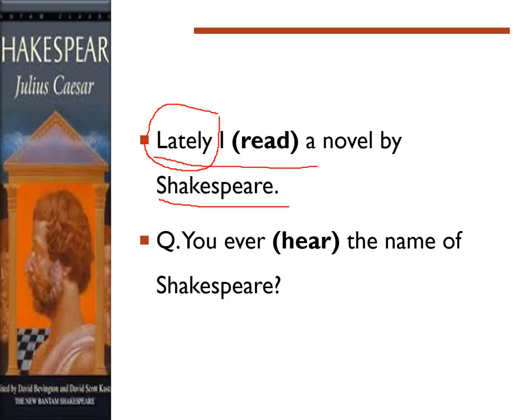It means that a novel which is written by Shakespeare, I have read it. So the word lately is a signal word of the present perfect tense: the action is over, but the effect is still present. So in that situation, we have to use present perfect tense.